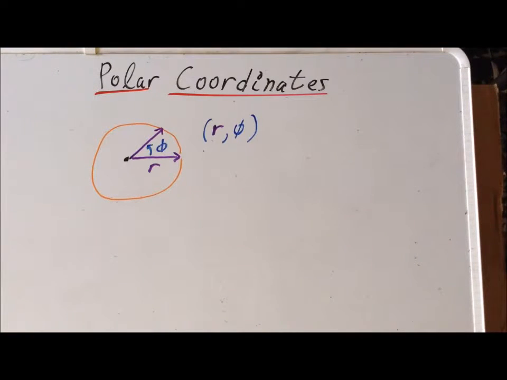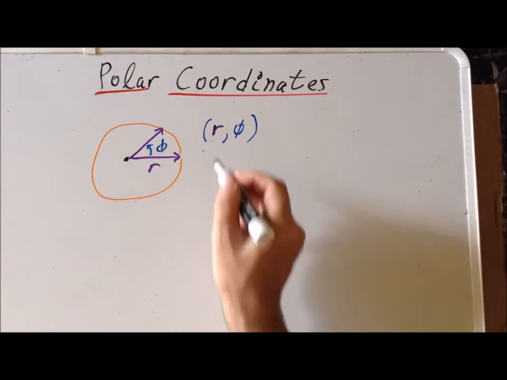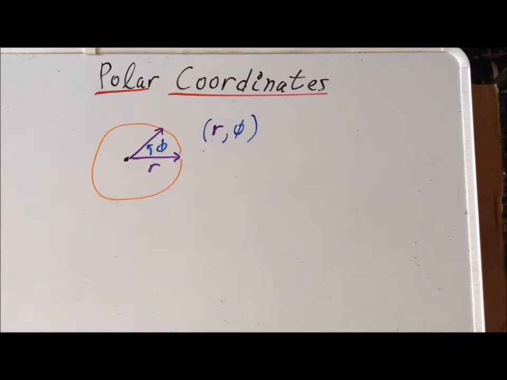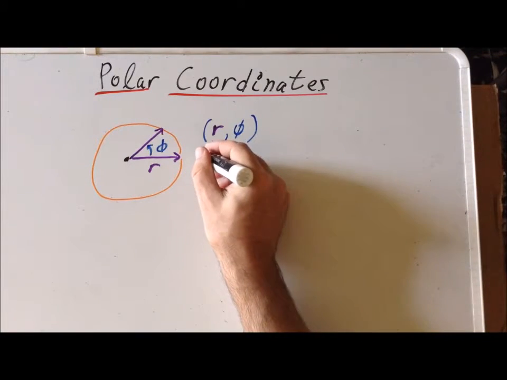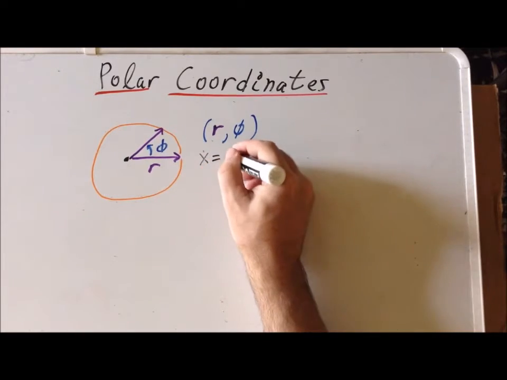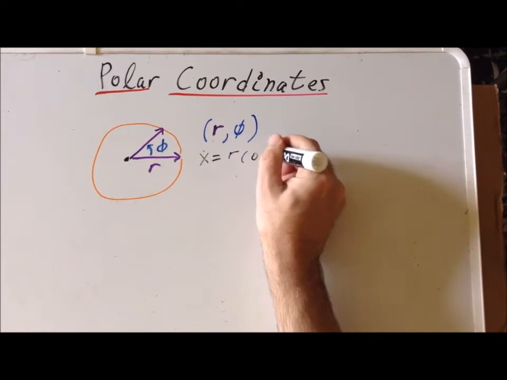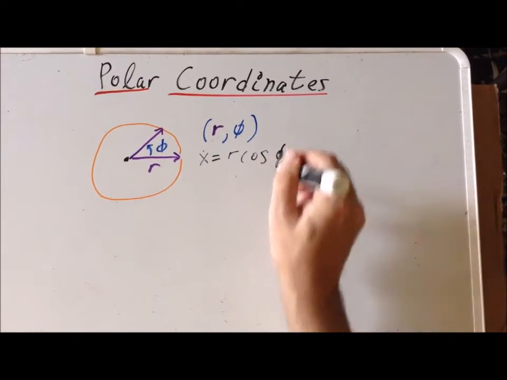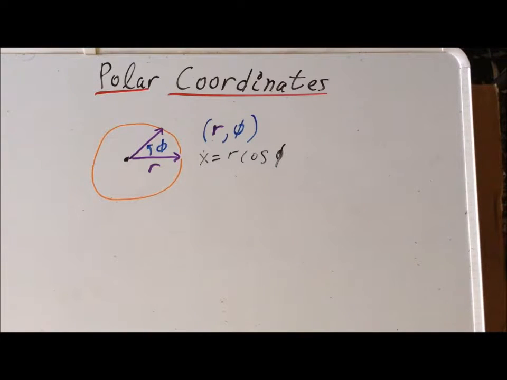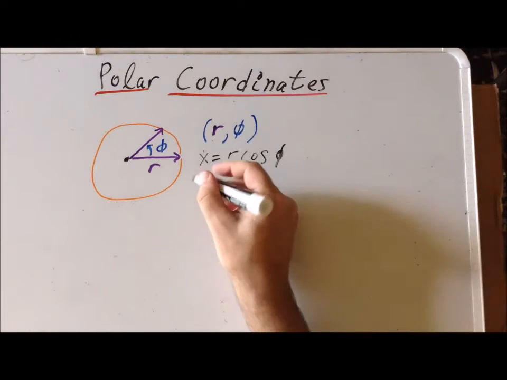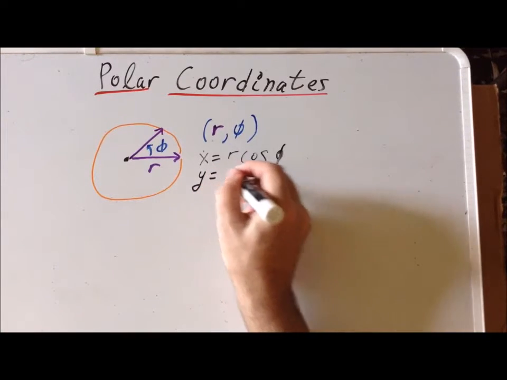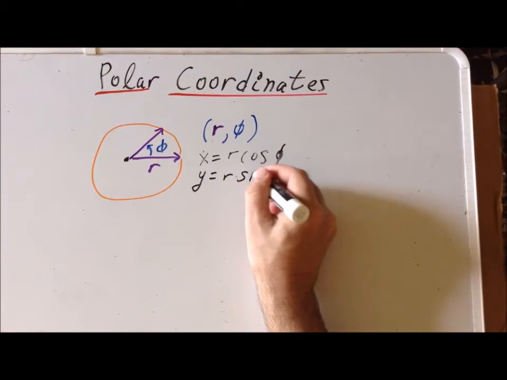We can interconvert between polar and Cartesian coordinates as follows. The x-coordinate is equal to r times the cosine of phi. The y-coordinate is going to be r times the sine of phi.